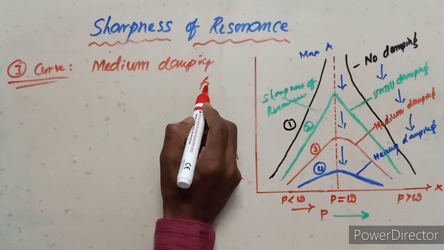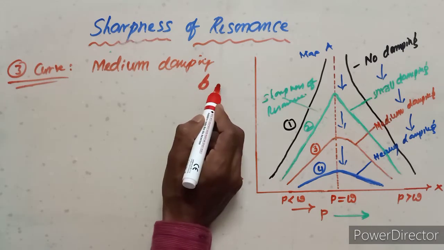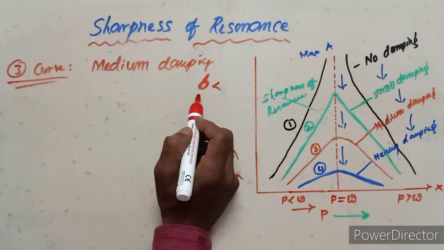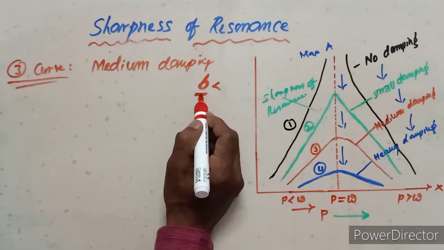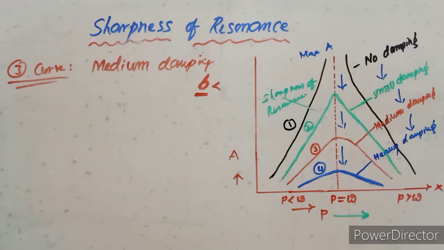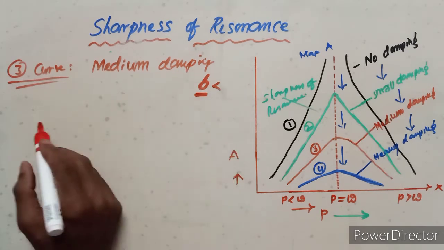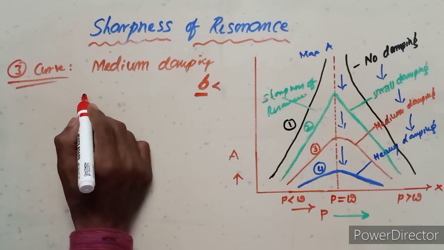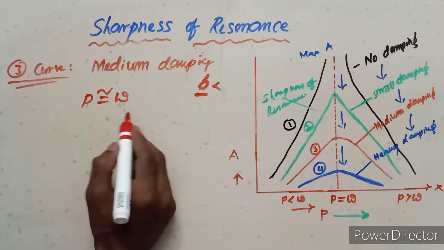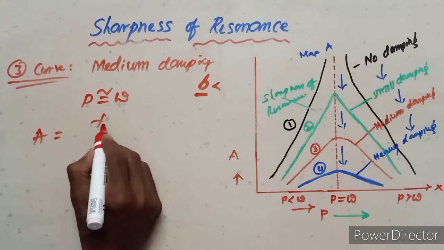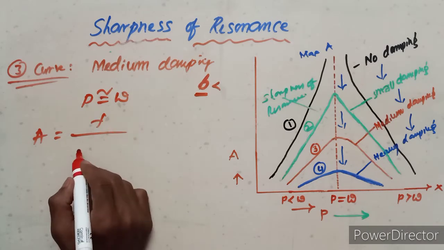Medium damping means, compared to the second curve, the amplitude at resonance, where p is approximately equal to omega, is A equals F upon 2bp, same as the second curve.